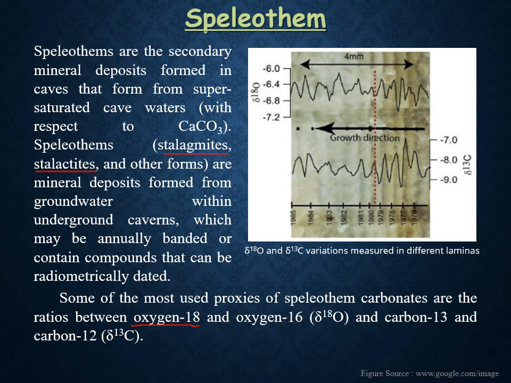The del 18O records from the speleothem are particularly used to get an idea of glacial and interglacial transitions, because, as I already told you in the previous slide, the fractionation of oxygen isotope is very much sensitive to the temperature condition. Apart from that, carbon isotopes are also studied from the speleothems.